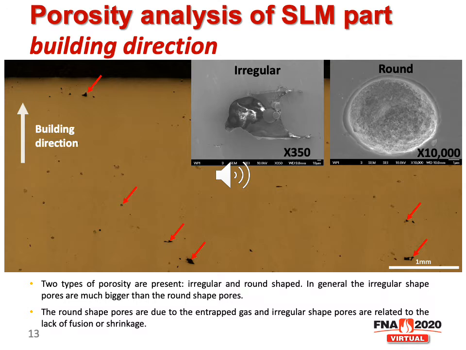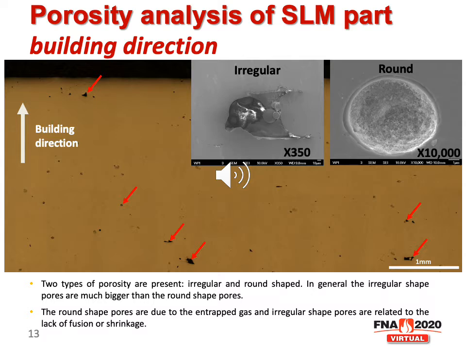We also used optical micrographs to analyze the porosity in this selective laser melted part. This shows the optical micrographs we took for the building direction. Actually, this is not just one micrograph.